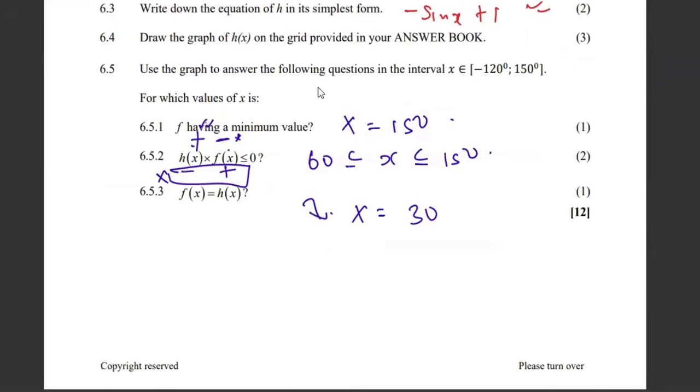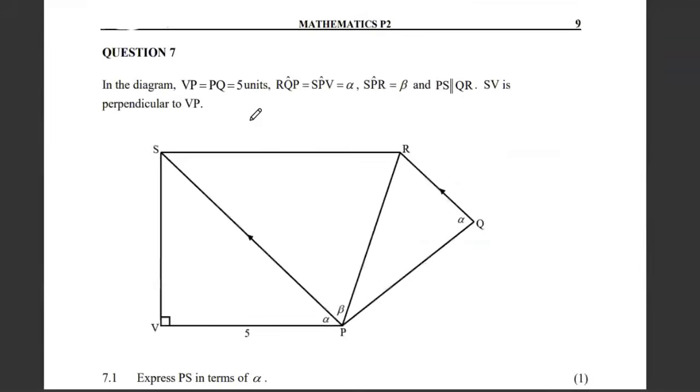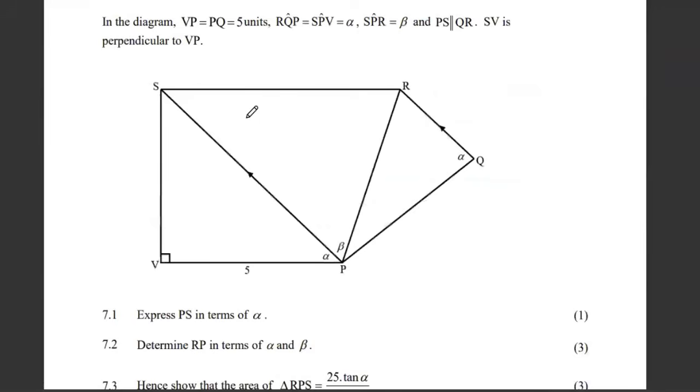All right, so that brings us to the end of question number 6. Number 7, the diagram: VP is the same as PQ. And RQP is the same as SPV.